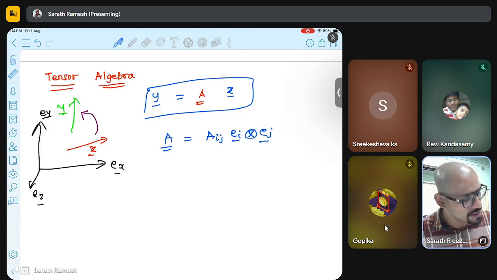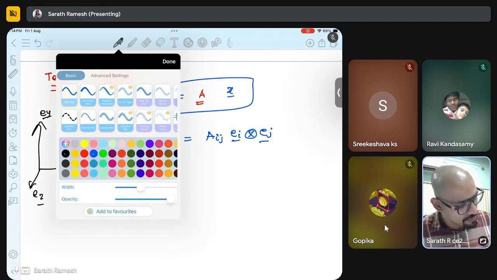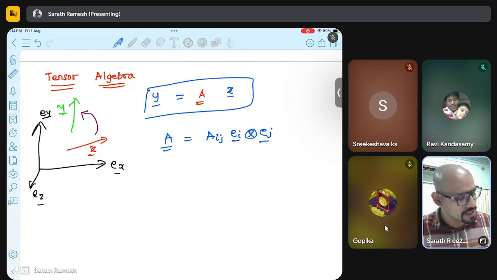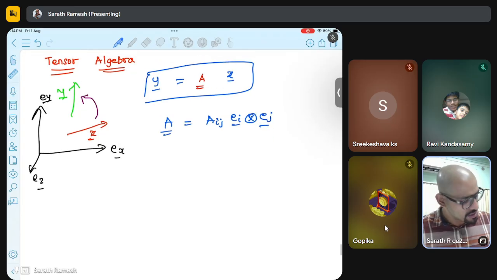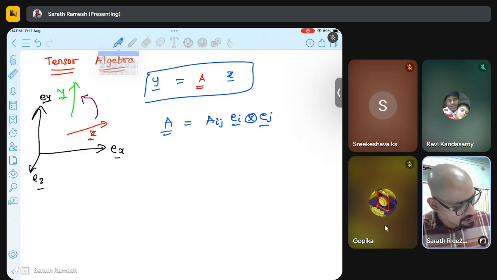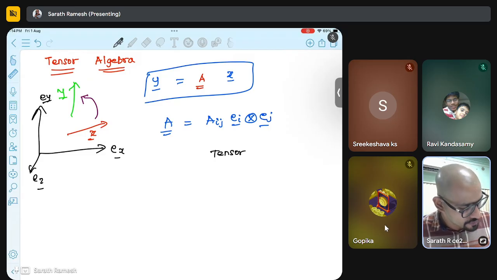Here we need to understand what we mean by tensor product. These are some basic definitions that we fix so that we can use them later to solve problems physically. We have seen the vector product and the scalar product.